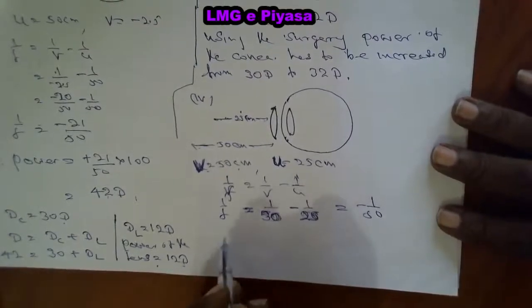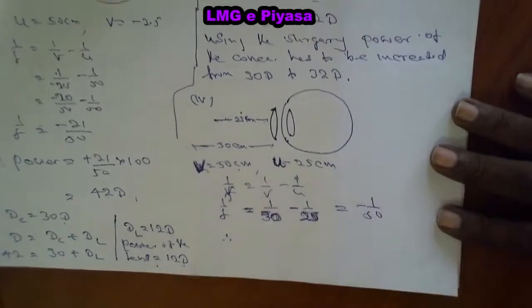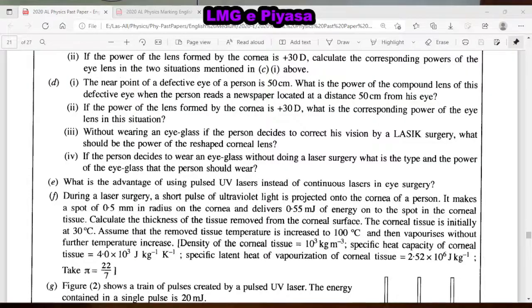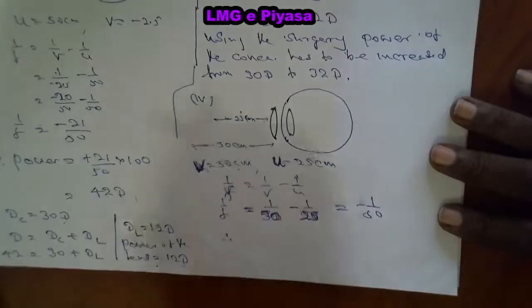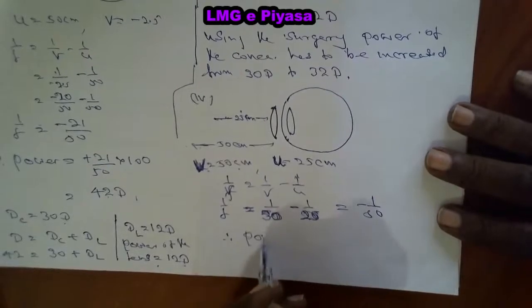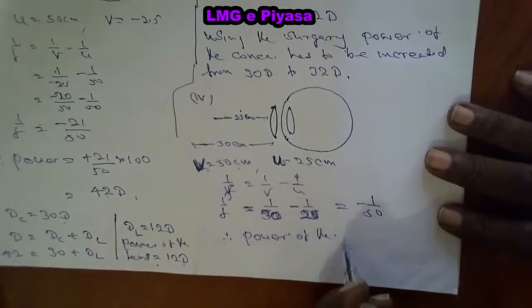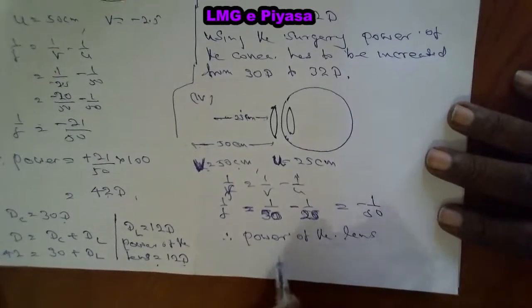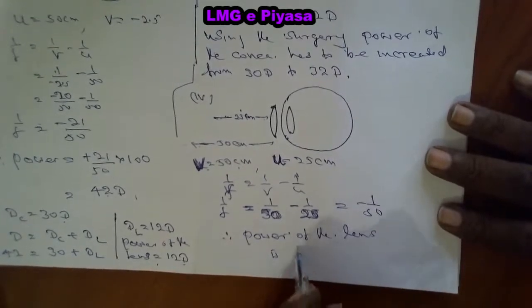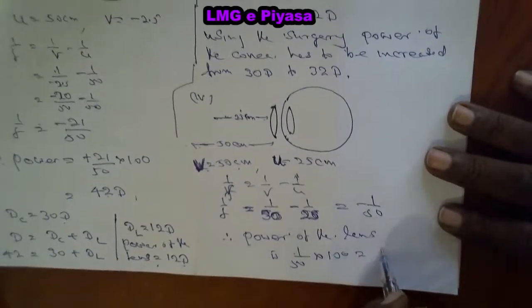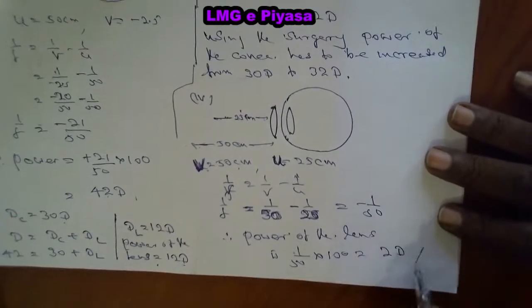Therefore the power of the lens is 1 over 50 into 100, equals 2 diopters.